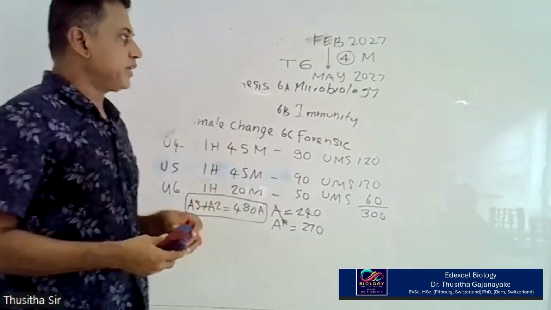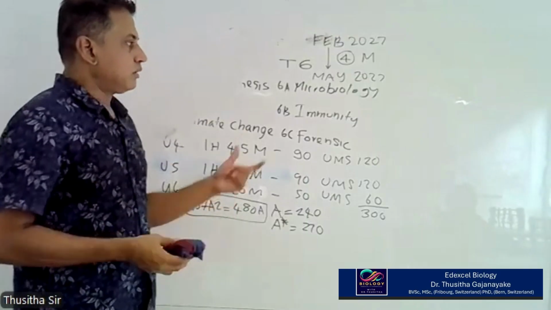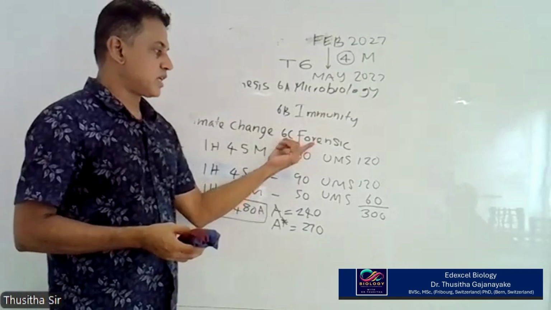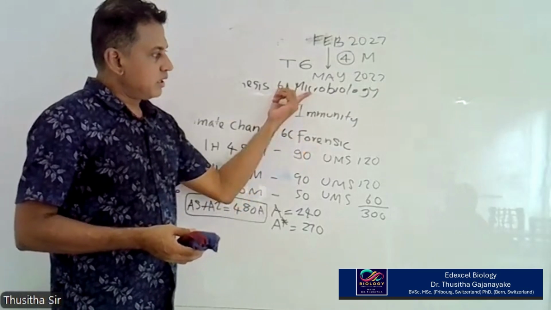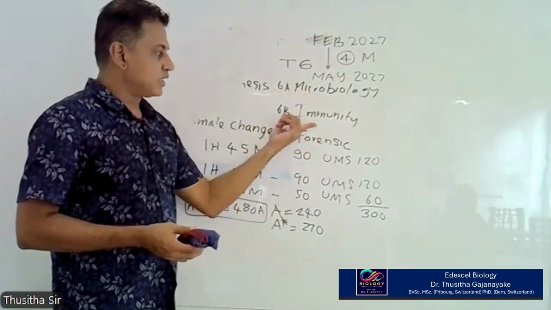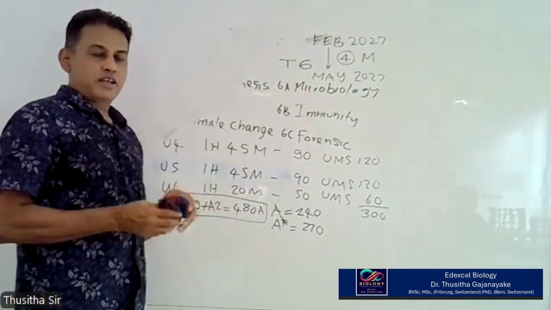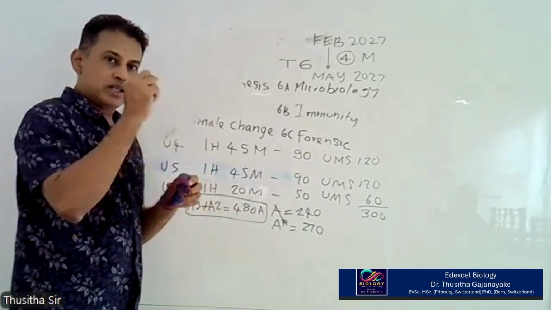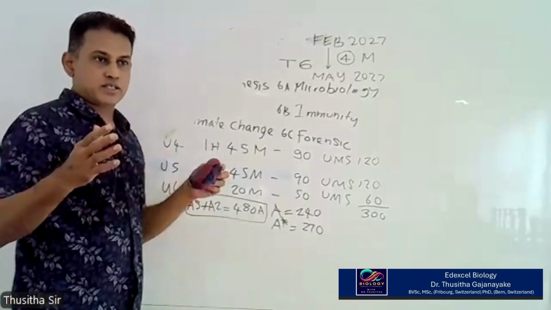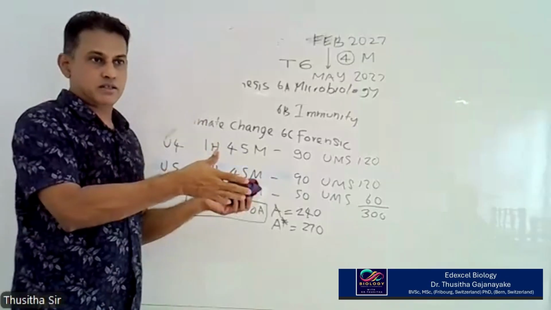Then I asked students what lessons came. Forensic? No sir, this time no question from forensic. Microbiology a little bit, immunity a little bit. So this time in the Unit 4 paper, they added only a little of each, not big questions, and more application.